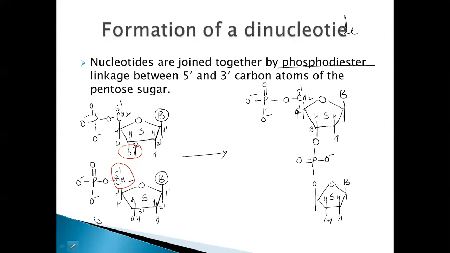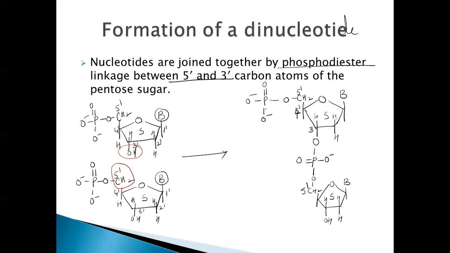So I'll write this CH2 as. So O and CH2. Right. So 1, 2, 3, 4, 5. So 3' of this is linked to the 5' of another carbon atom.